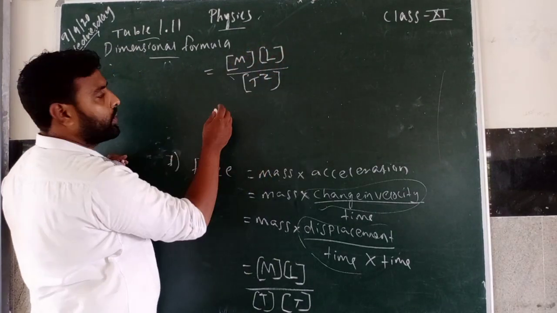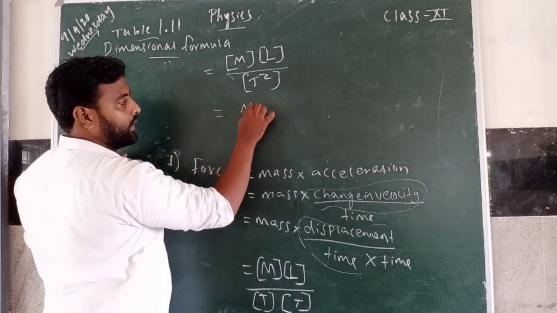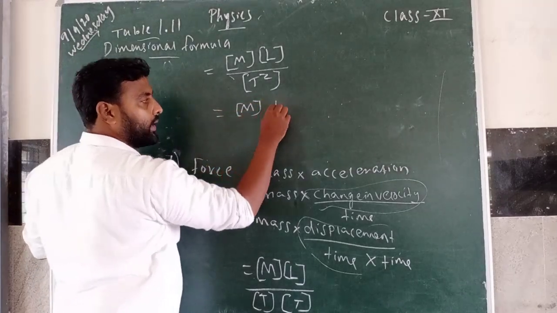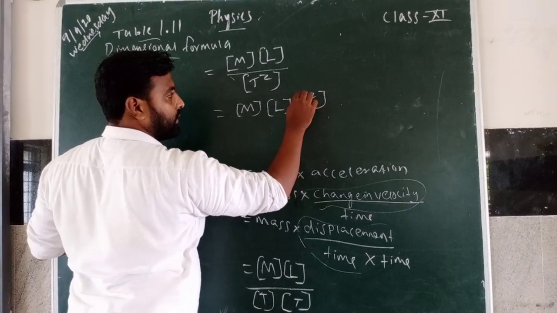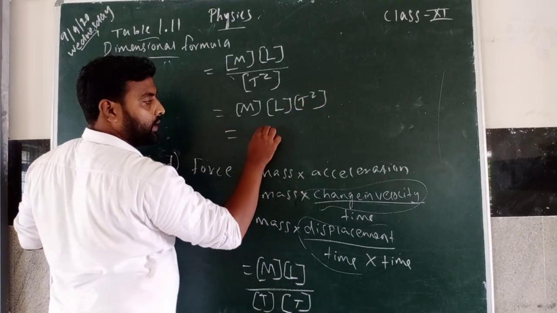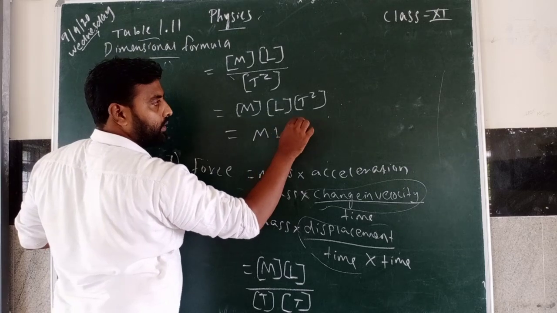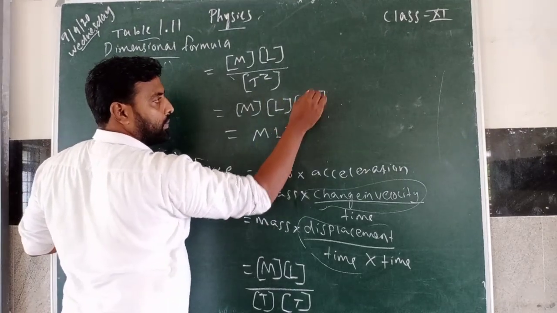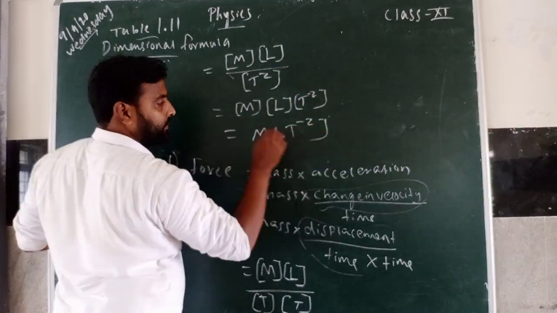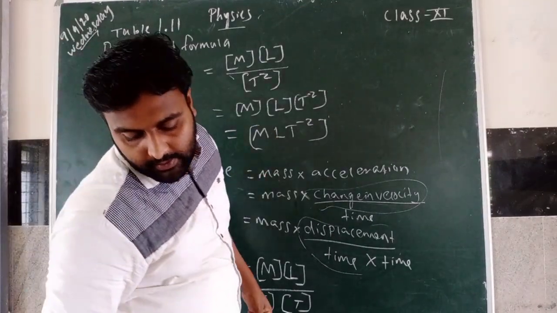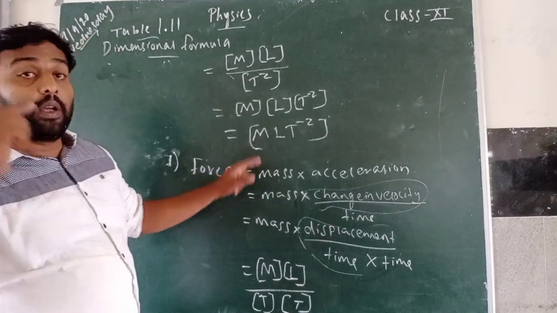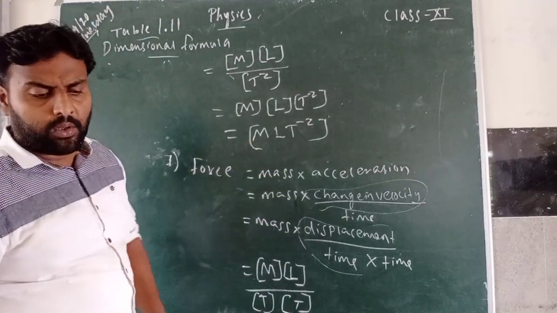Now take this T square outside, so M L T power minus 2. So write in single bracket M L T power minus 2. Okay. So this is for force. Remember M L T power minus 2.